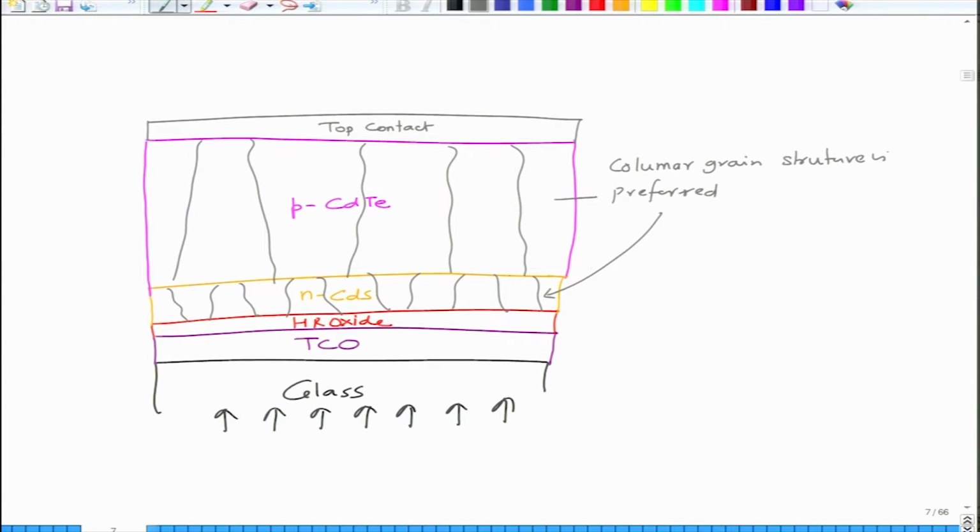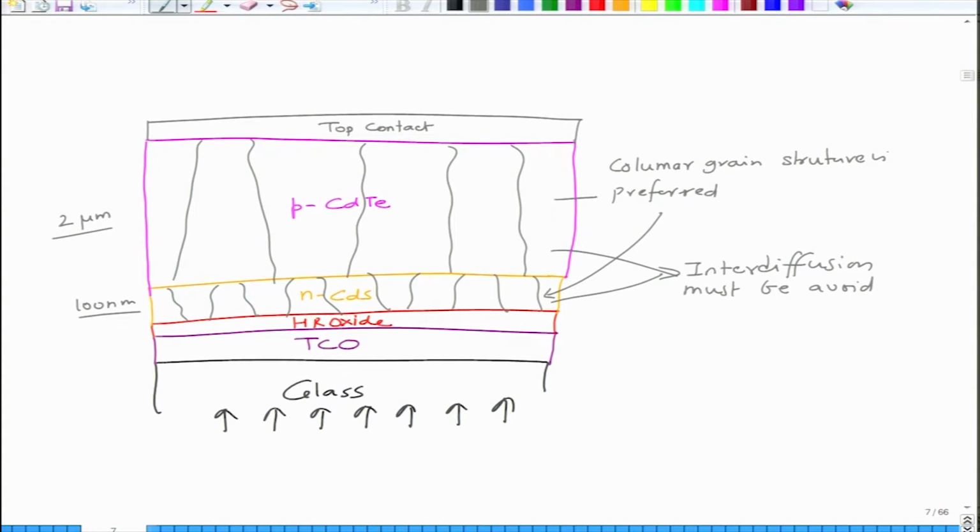We should prevent, see, this layer is very thin, it's about 100 nanometer or so, and this is about a couple of microns, 2 to 3 microns or so. So the interdiffusion or reaction between the layers must be avoided.